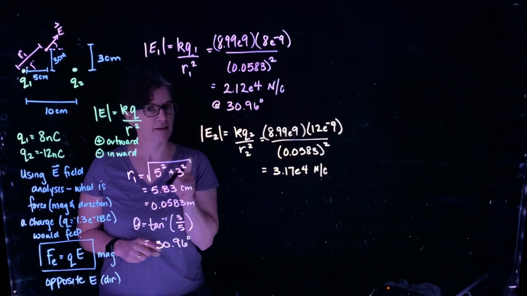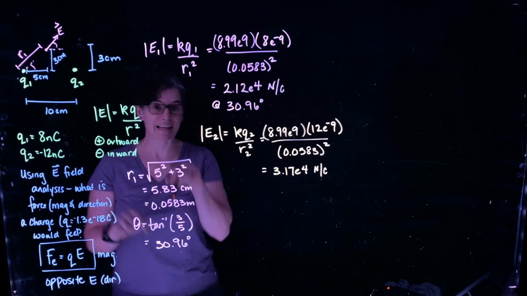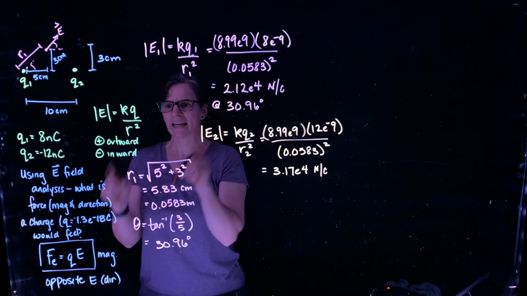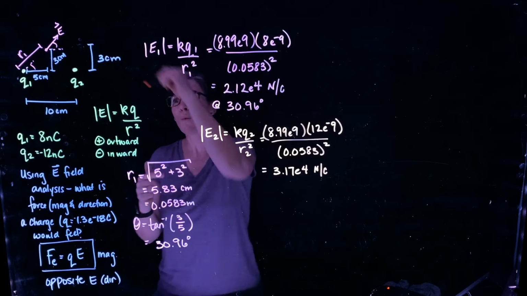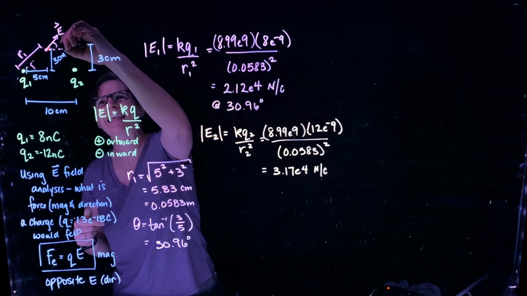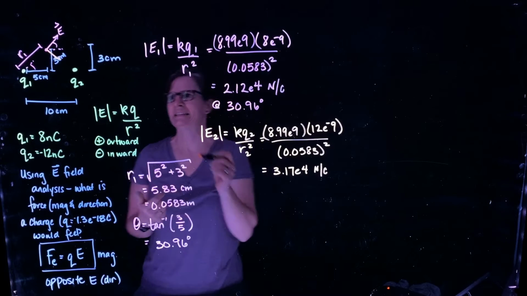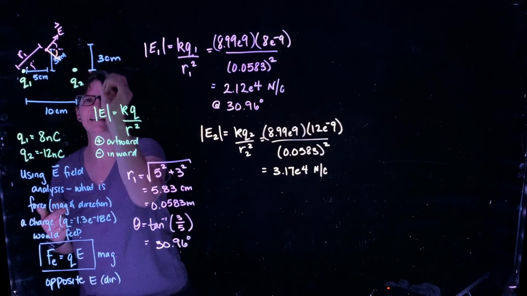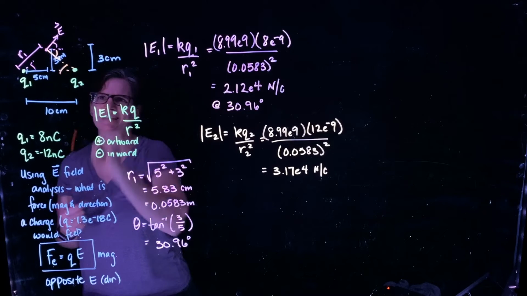Okay, well, first we have to look at the sign of the charge, which is negative 12. So the field of a negative charge points towards the charge. Towards the charge in this picture is this direction. Well, what is that angle? Well, that's this angle, which is the same as this angle.